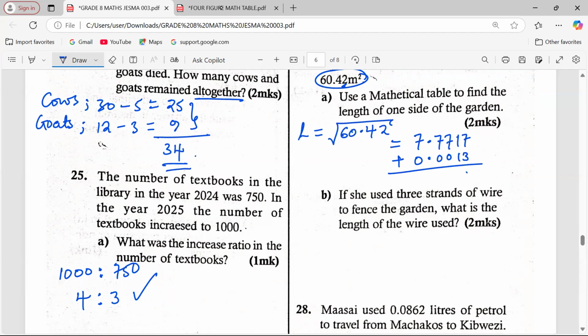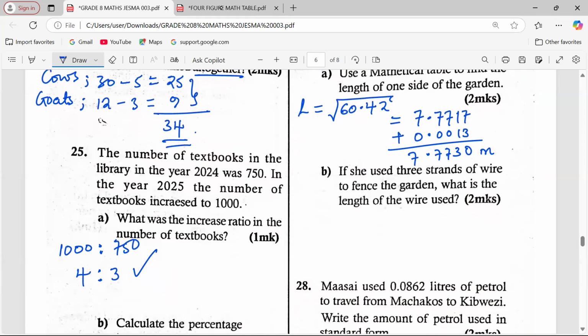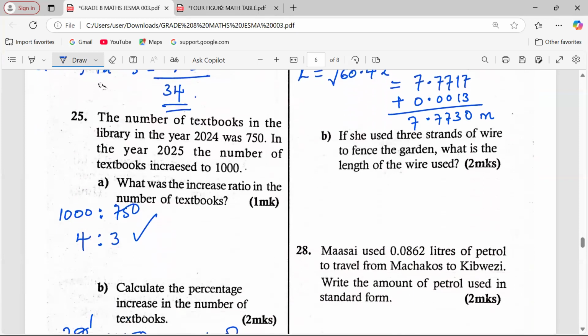Is going to be 0.377.7 meters. So that's the length of one side. You should be in a position to extract square root from mathematical tables.